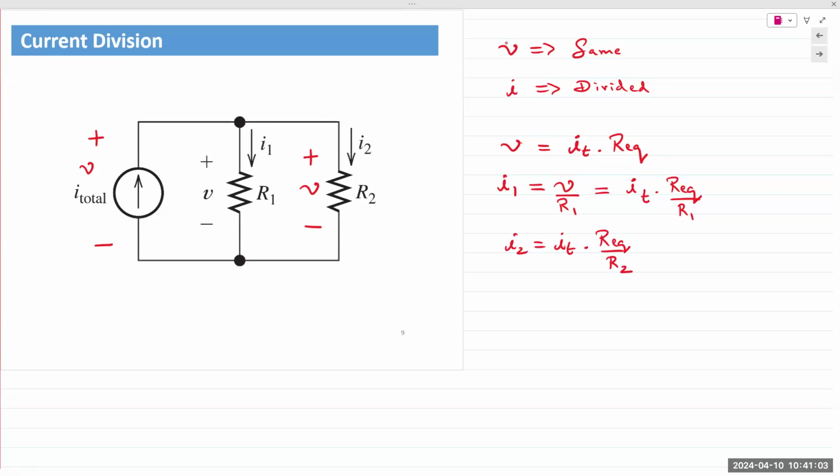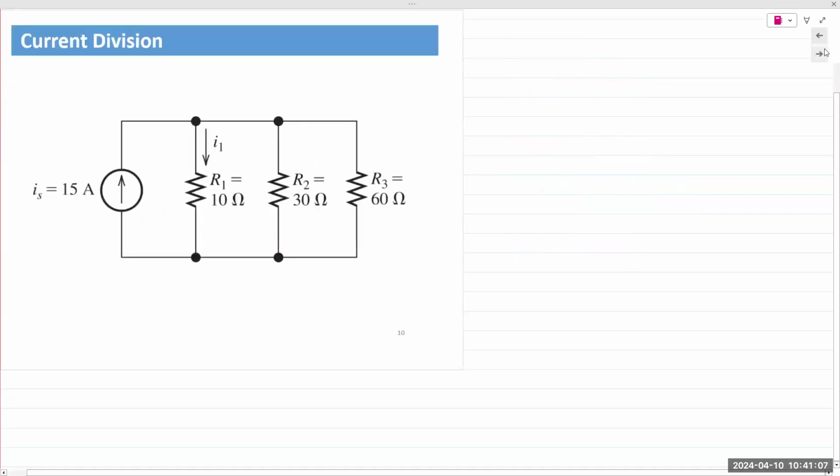And then let's look at an example. So calculator's out. You tell me what Req is. 10, 30, and 60. What do we have? Is it 6.67? That is correct.